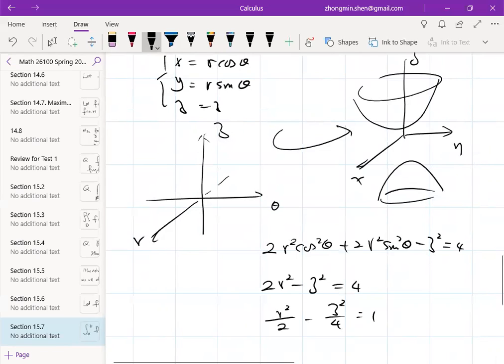Let's draw the hyperbola. When z equals 0, r is going to be plus or minus square root 2. I think this will be a picture like that in the rz plane. There's no restriction on theta, which means you are going to get, it's very difficult to draw, two pieces.